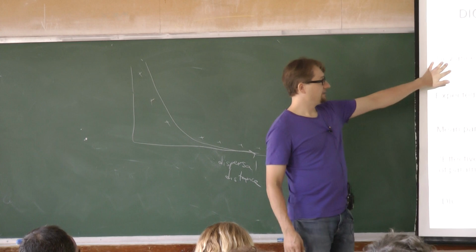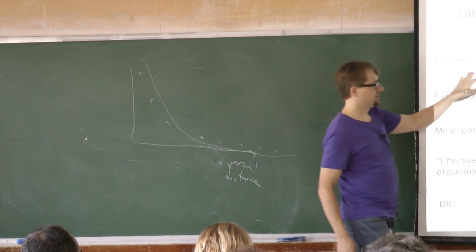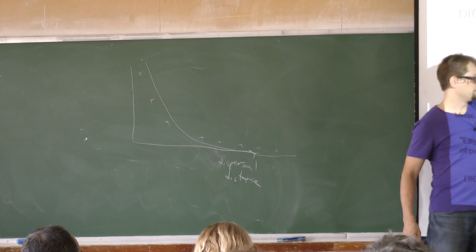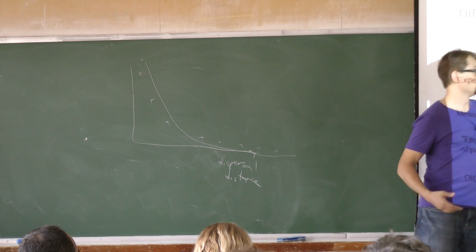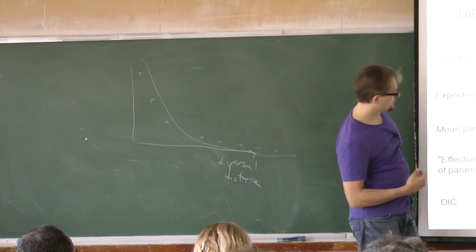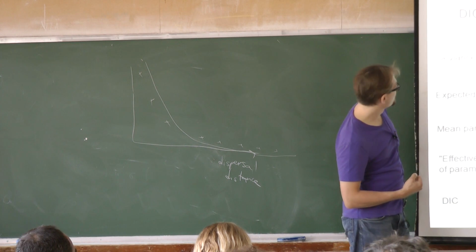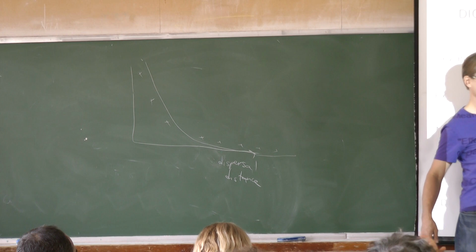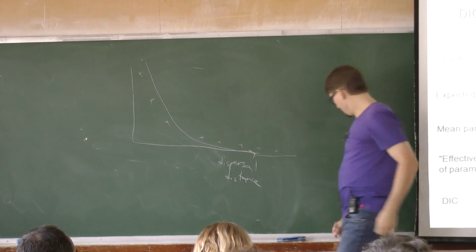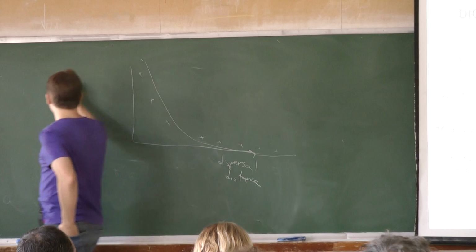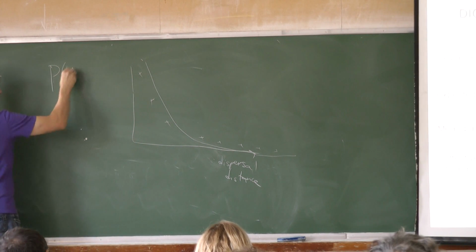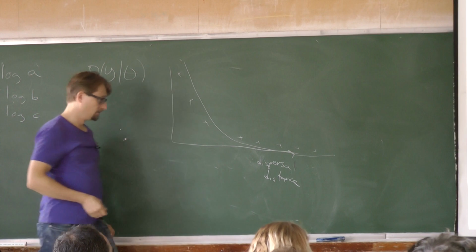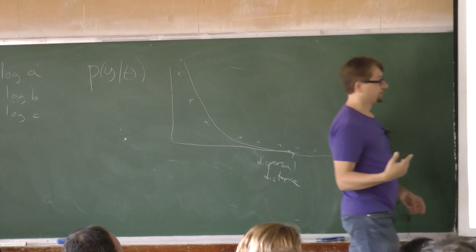So deviance is basically the likelihood of your data. Here you see the probability of, did I write this the wrong way around? I think this should be y given theta. Yes, this should be the probability of observing the data given the parameter. So this is something that you can calculate.